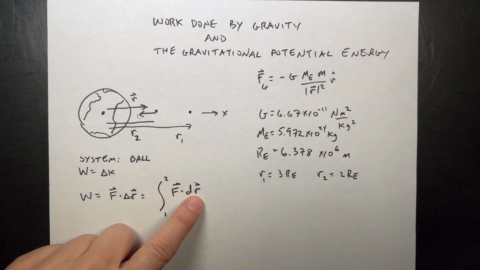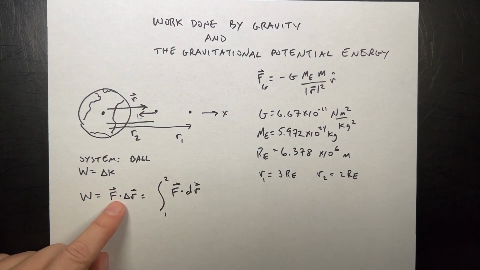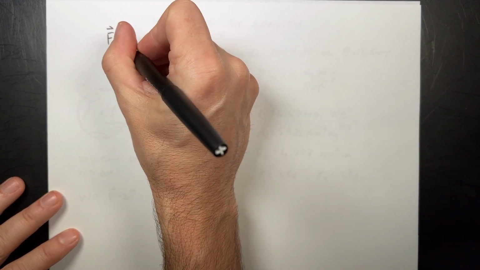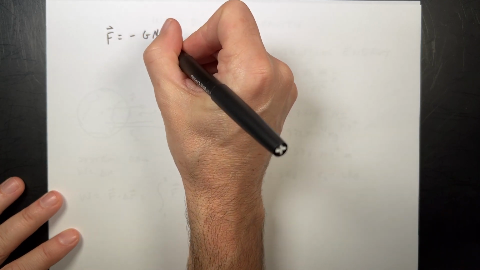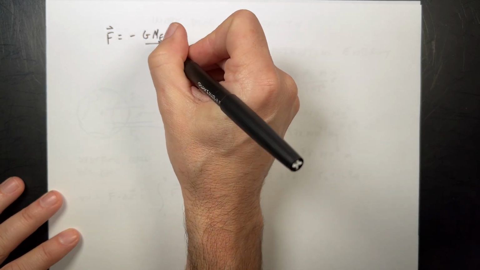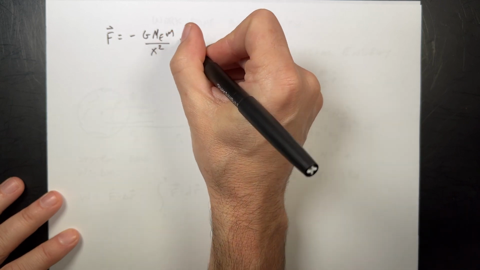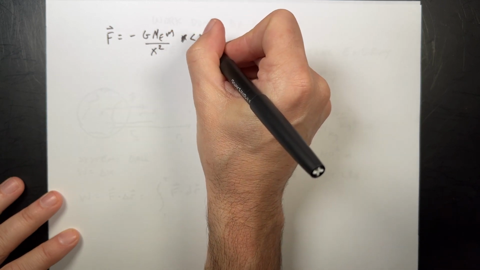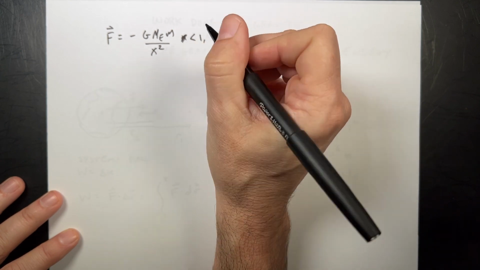I'm going to write down F, I'm going to write down dr, and I'm going to do it. So let me put up here F. In this particular case, it's going to be negative G, mass of the Earth, mass, over x squared times the vector (1, 0, 0). I want to write it as a vector.